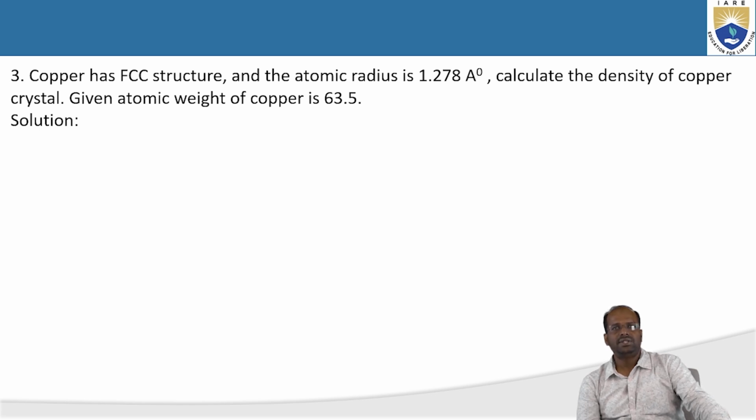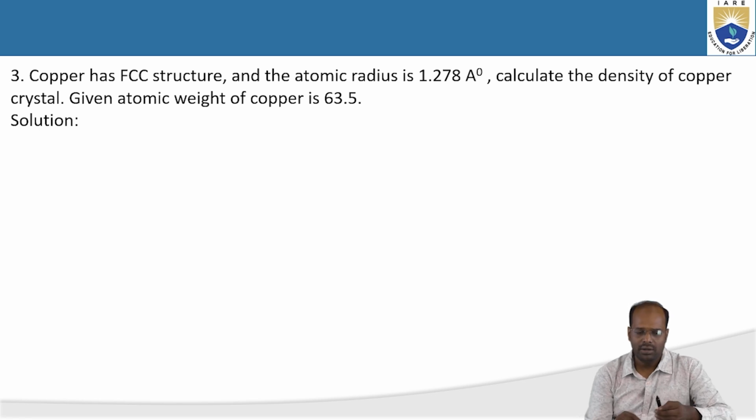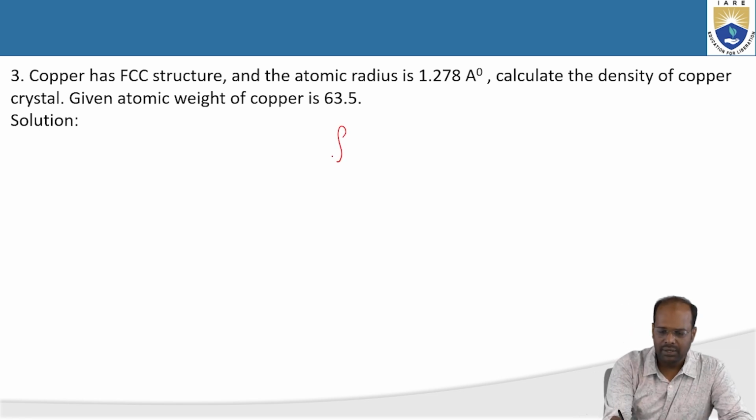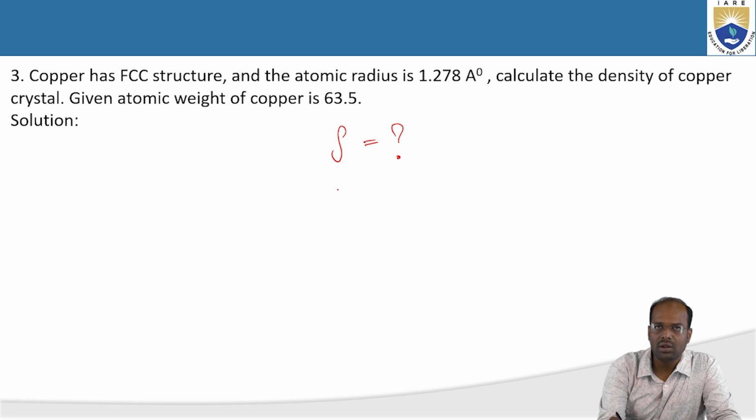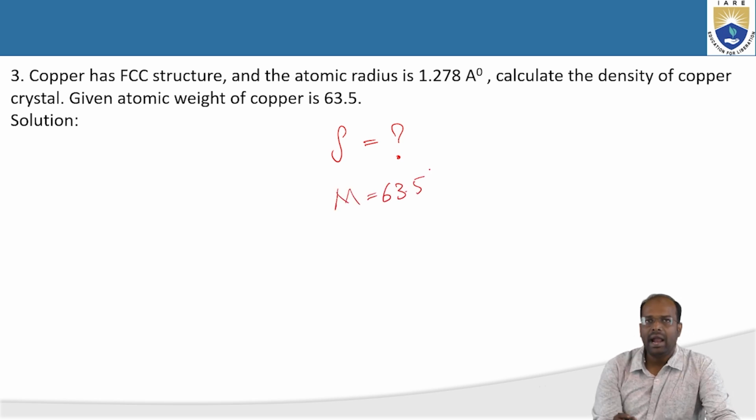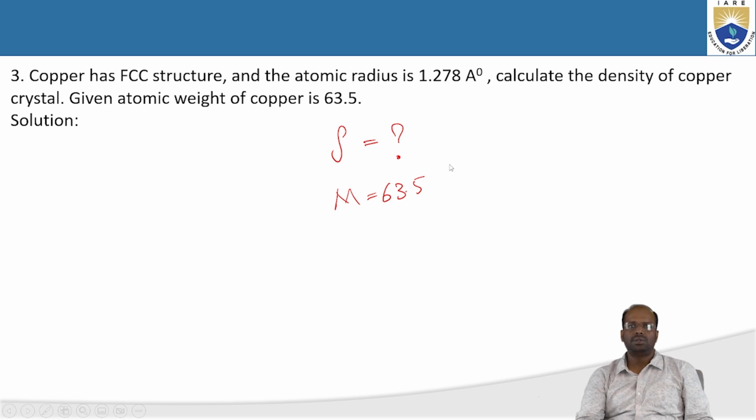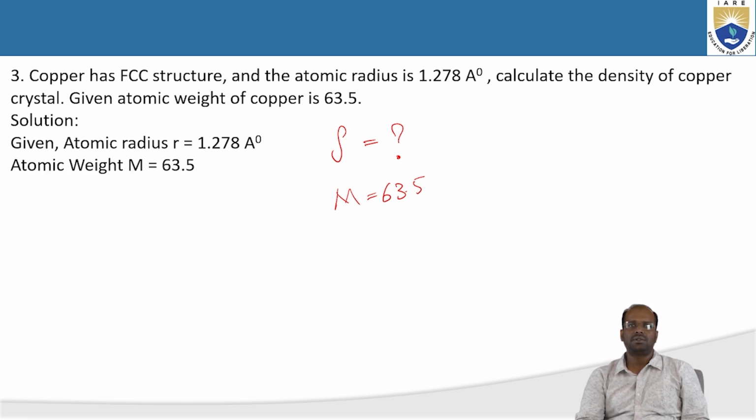What are they asking? Calculate the density of copper crystal. So which parameter are they asking for? Density. Another value they have given is the atomic weight, that is nothing but the molecular weight, 63.5, and the Avogadro number we already know. Here we need to know the atomic radius to lattice constant relation for face centered cubic structure.